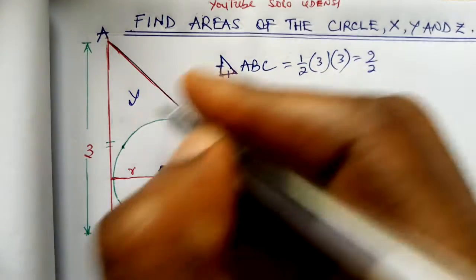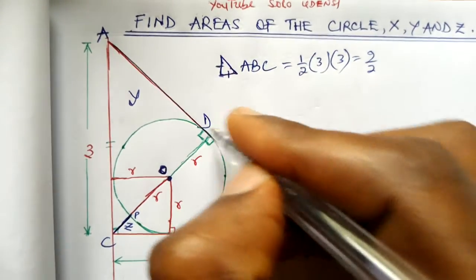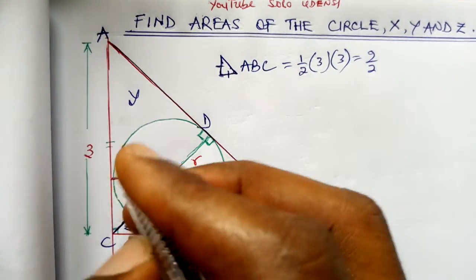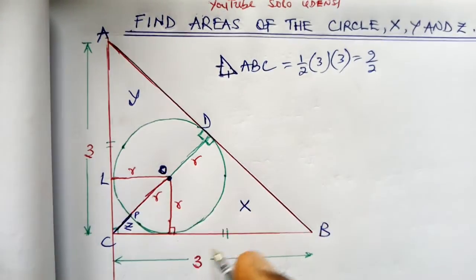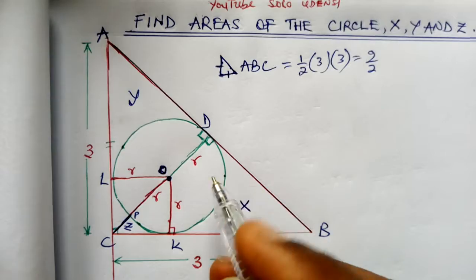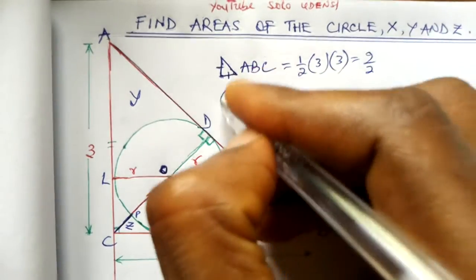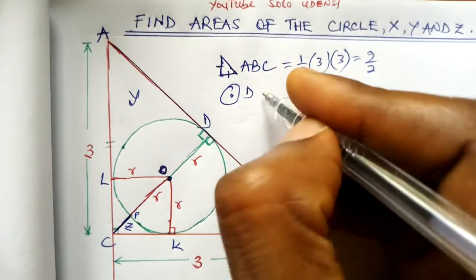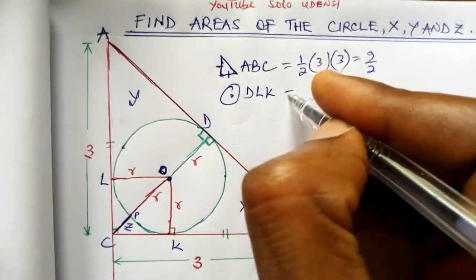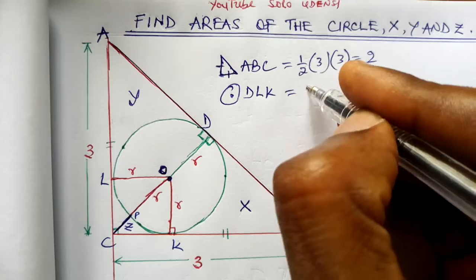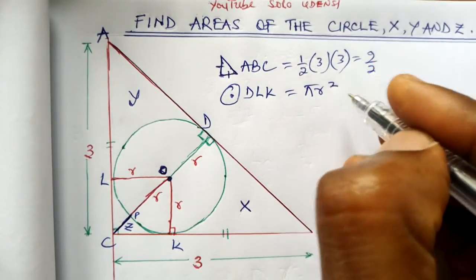Area of this circle, let me call here D, and call here L, call here K. You can say area of circle DLK if you like. Area of circle DLK is equal to pi r squared.